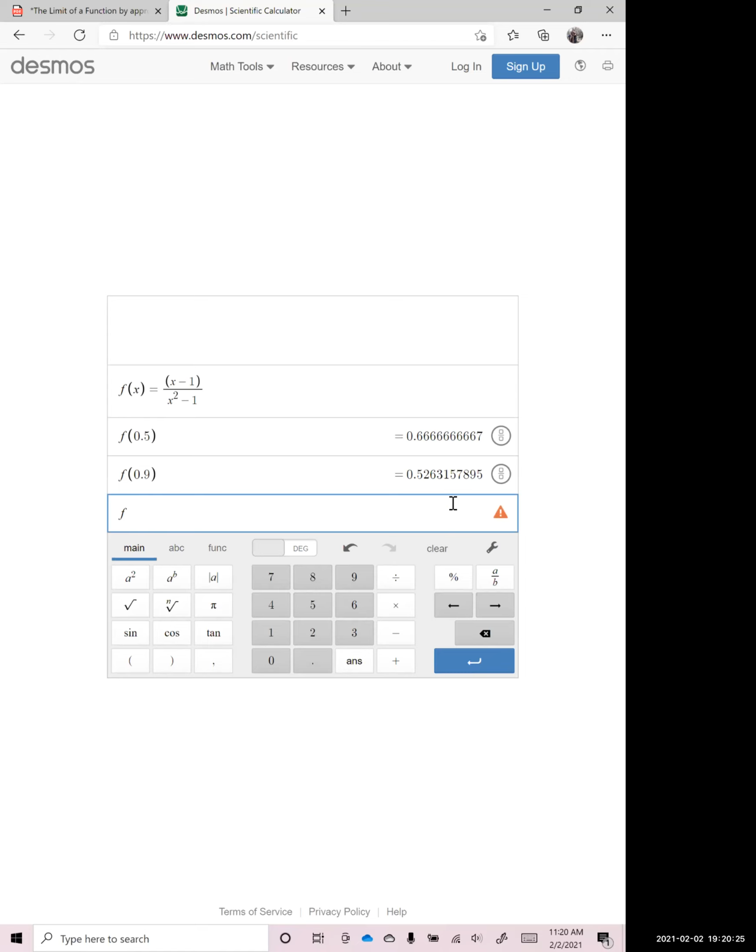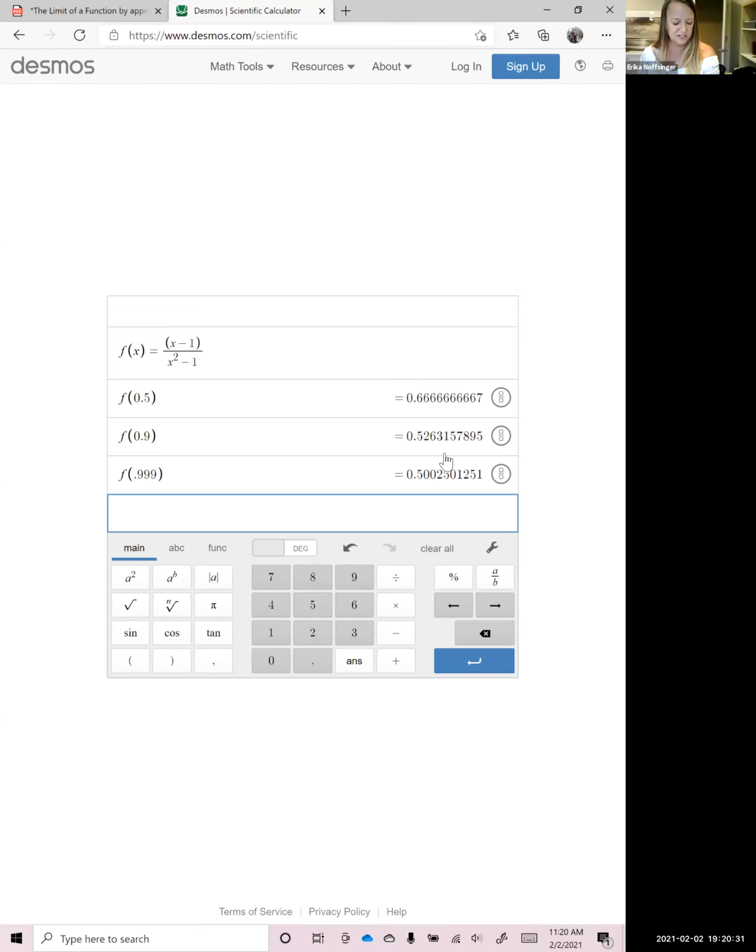So you want to keep doing this until you get something that looks like it's coming to the same value, or that it's just blowing up or not going to any one y value. Right now it may look like it's getting closer and closer to a half, right?